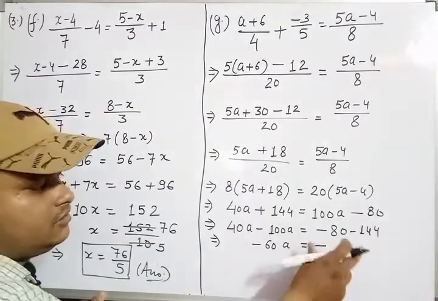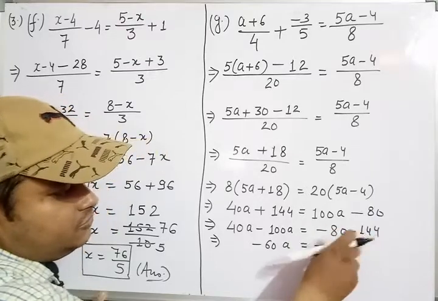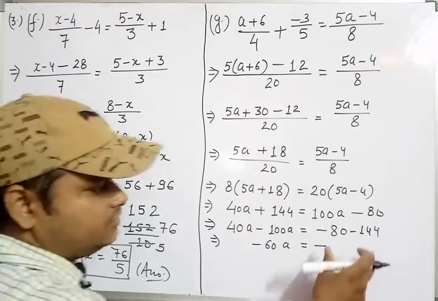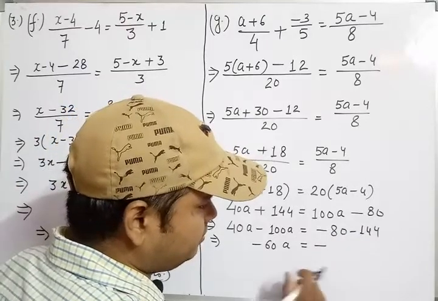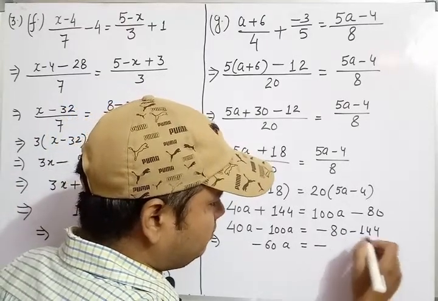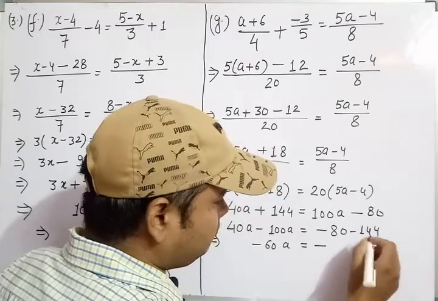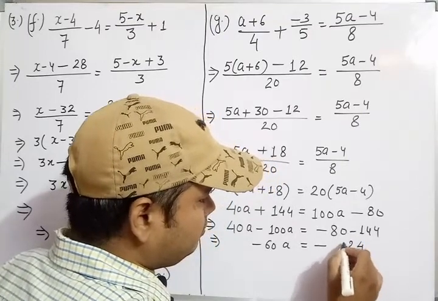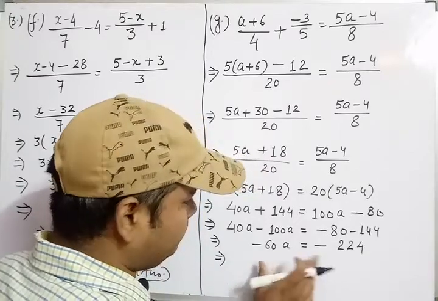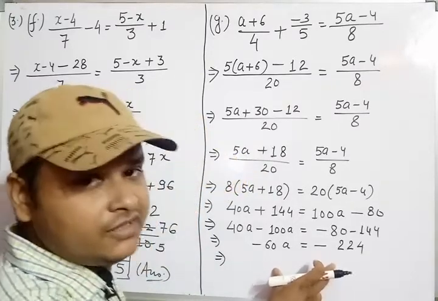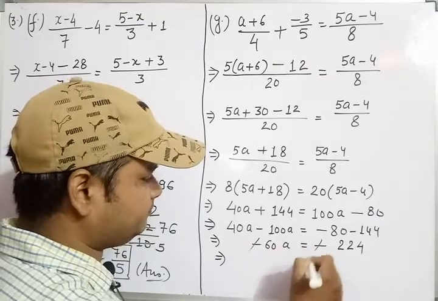So you know that if both the numbers have a negative sign, then both the numbers will be added and the sign will be negative. So here 4 plus 8 is 12. And you also know that if both the sides have a negative sign, then the sign will be cancelled.